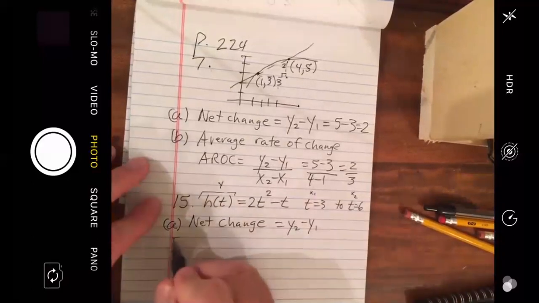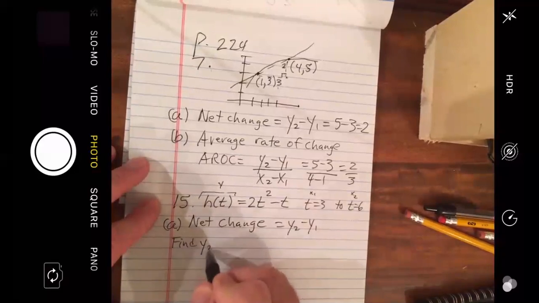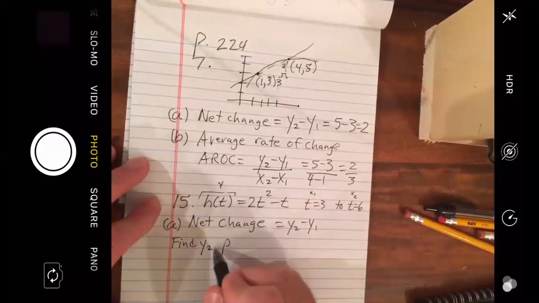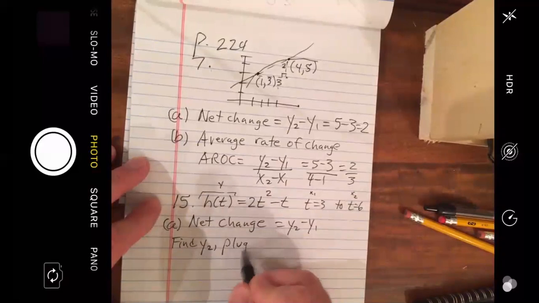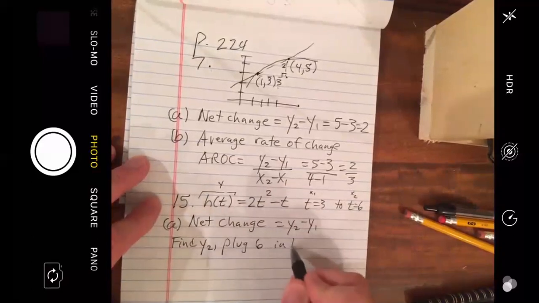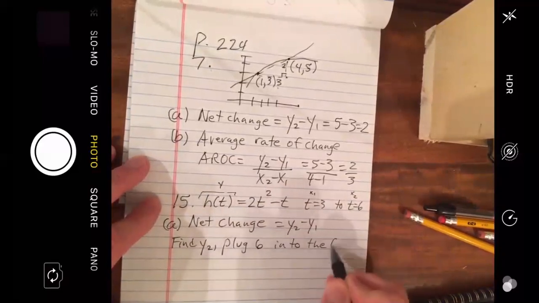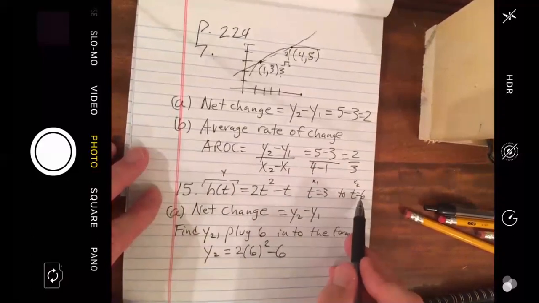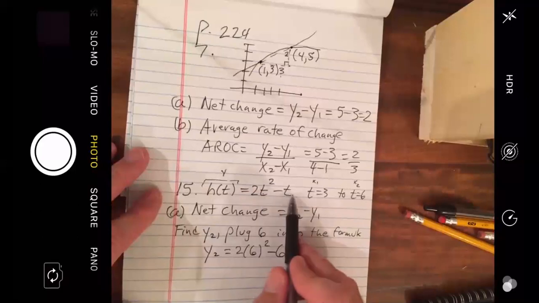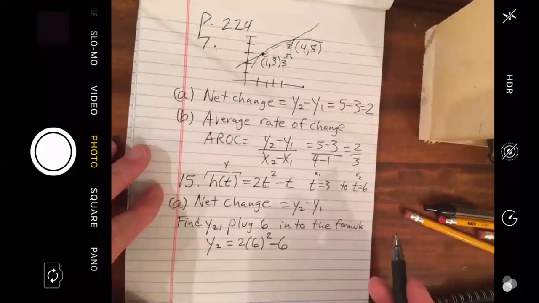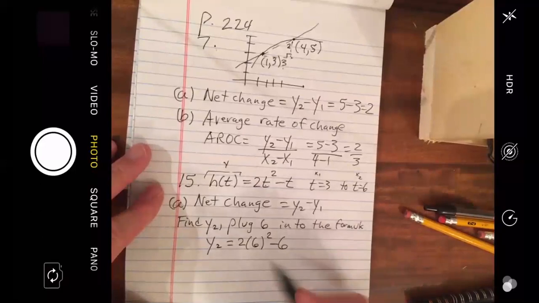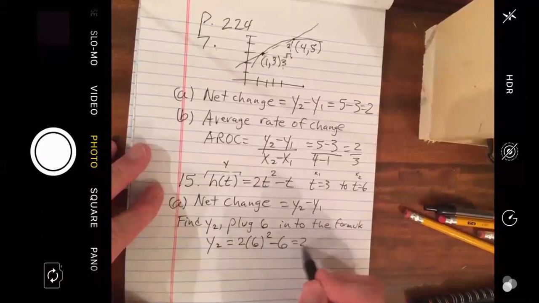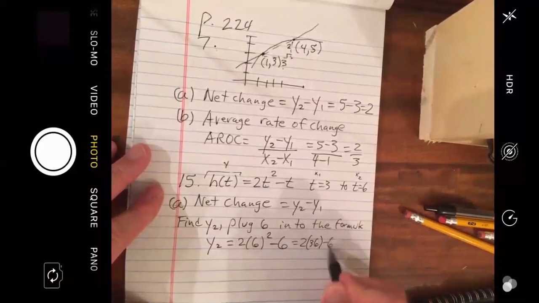So when I want to find y2, I plug 6 into the formula. So my y2 is going to be 2 times 6 squared subtract 6. I'm putting 6 for t in the formula. 6 squared is 36, times 2 is 72, subtract 6.